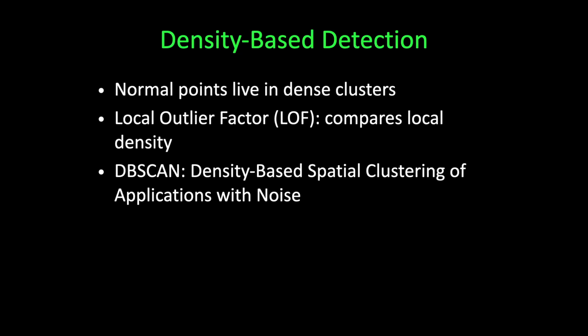For example, insider threat activity might appear as a small, low-density region in user behavior space. The strength of density-based methods is that they handle irregular, nonlinear data well. Their weakness is that they require careful tuning of parameters like neighborhood size or density threshold, which can vary dramatically depending on the data set.